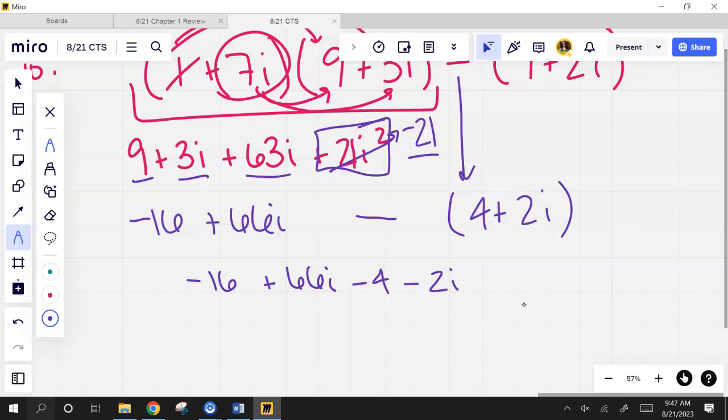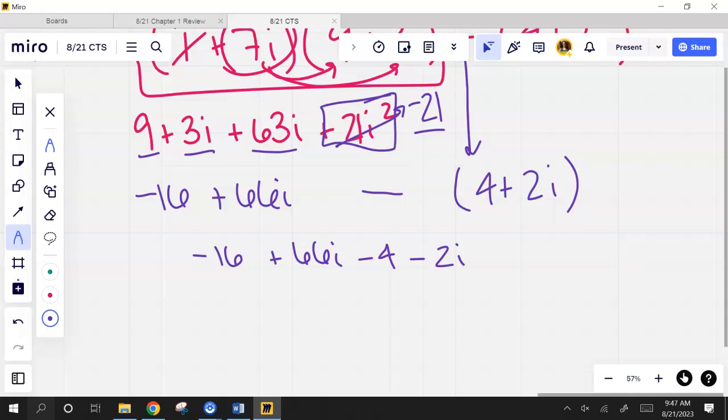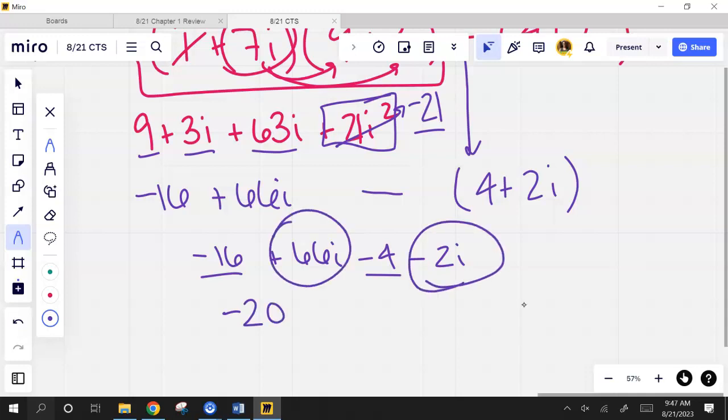I'm just trying to slow it down so you see what's going on. So negative 16 and negative 4 is negative 20. 66i and negative 2i is 64i.